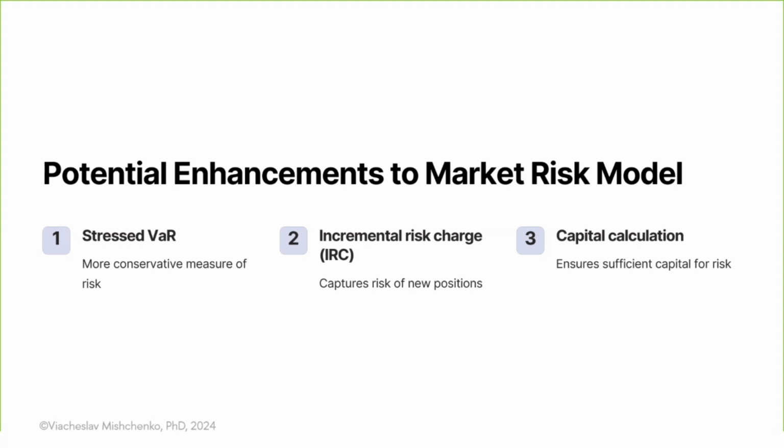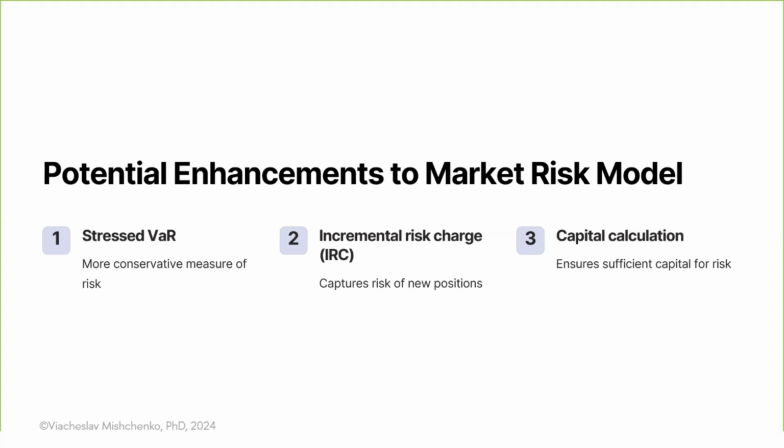First of all, for this purpose, we have stressed VAR. This is like asking, for example, what would your value at risk look like if we were in the middle of a financial crisis? It is a way of pressure testing our risk estimates.